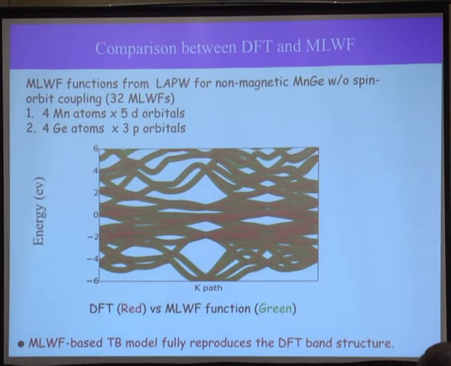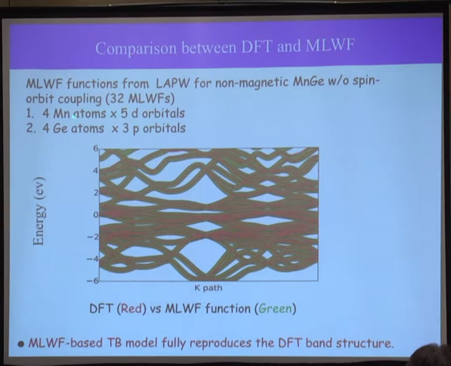As we mentioned, for the paramagnetic phase, we do the band structure calculations with the spin orbit coupling included. So that's the band structure. The red is the DFT calculation, and when we do the Wannier function modeling, the bands are in the green color. You can see almost complete overlay of the bands from the two calculations, by including the magnesium orbitals and germanium orbitals.